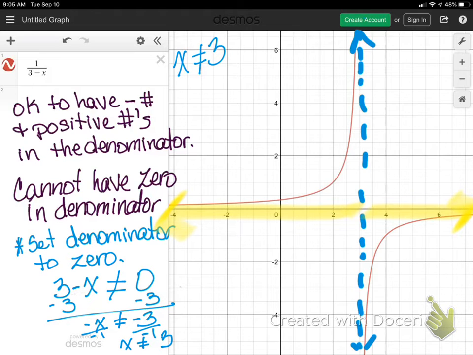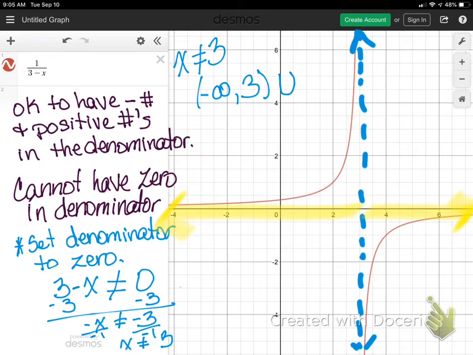Negative infinity. So I have negative infinity, and then I go all the way, but I do not include what number? 3. So I go all the way to 3. And what do I put by that 3 to show that it is not included? Parentheses. Excellent, a parenthesis.